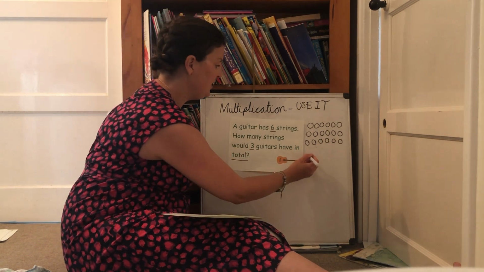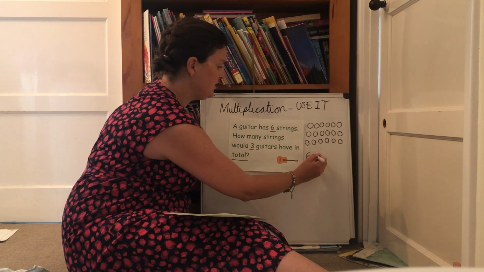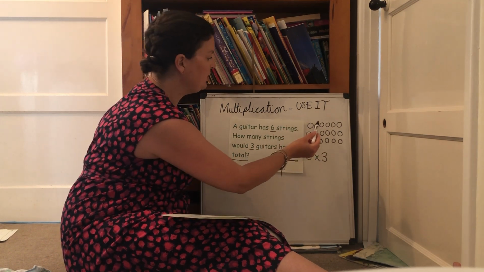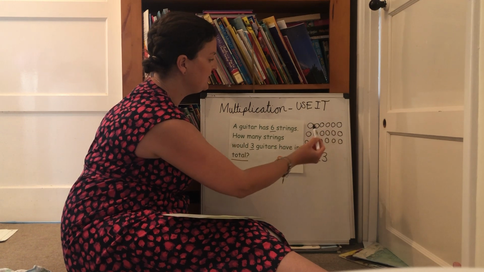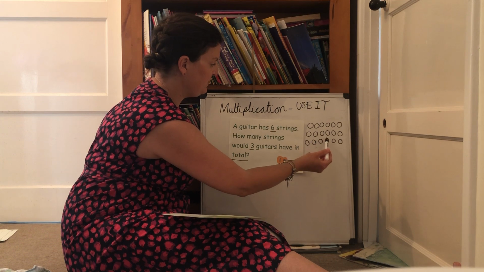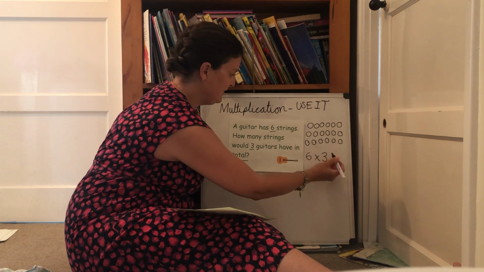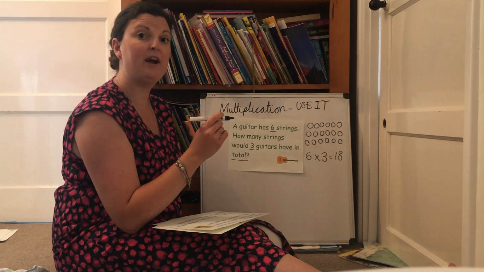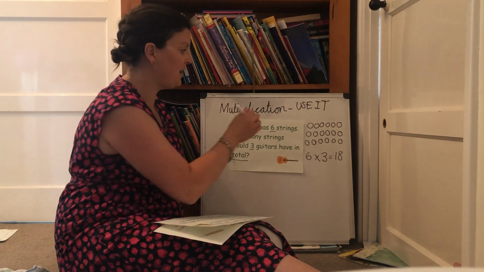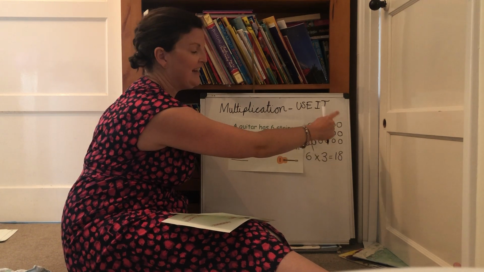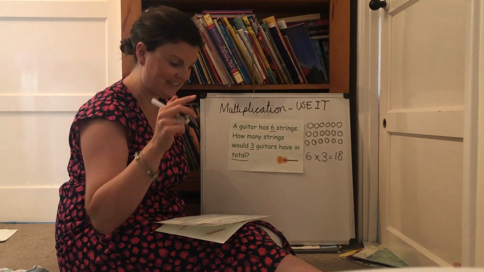So actually 6 strings times 3 is, and I'm going to add these up, 1, 2, 3, 4, 5, 6, 7, 8, 9, 10, 11, 12, 13, 14, 15, 16, 17, 18. Now, if I'd been practicing my 3 times table yesterday, I might have been able to say 3, 6, 9, 12, 15, 18. I wonder if any of you could have done that.